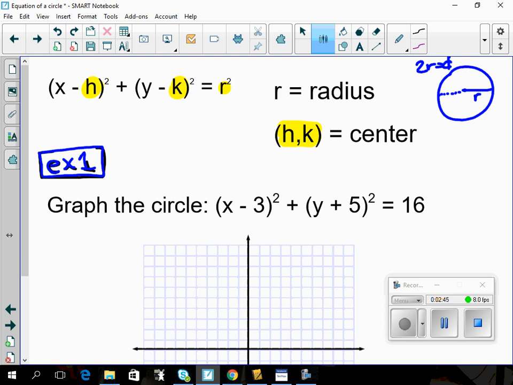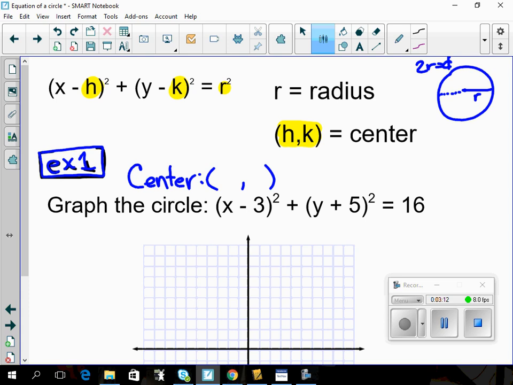And I want to be able to graph the circle, but I can't do that until I figure out what the center and radius are. So let's make those decisions. The center has what coordinates, looking at the equation? Well, we're going to use the 3 and the 5, but we have to be careful about our signs.